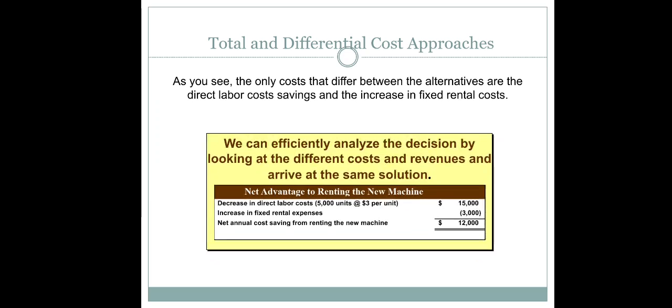So this is the thing that I have explained. Total and differential cost. If you use total cost, you have to use 2 columns to list all the costs and see the difference in the net profit. But if you focus on the differential or relevant cost only, then the decision making process will become simpler.